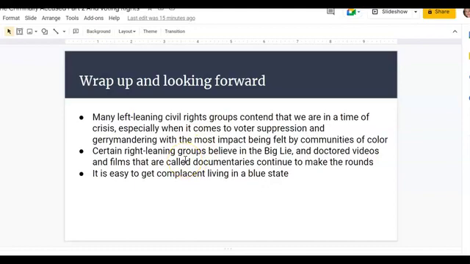So it's easy to get complacent living in a blue state, but I would urge you not to. Just like I wouldn't say, oh, who cares about the Dobbs decision? I live in Massachusetts, so my reproductive rights are protected.